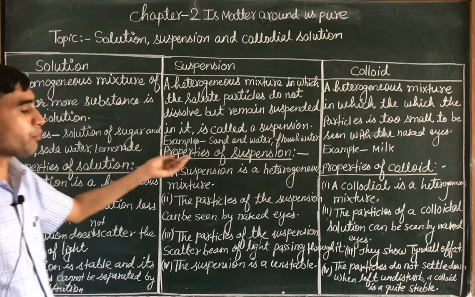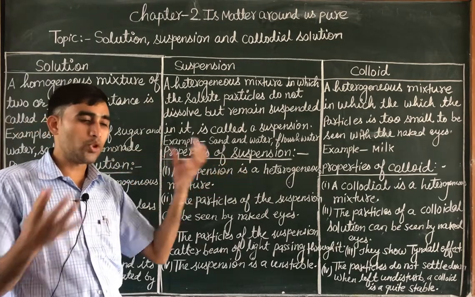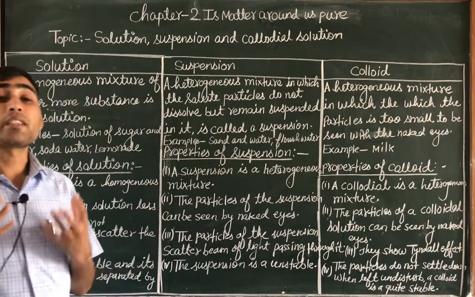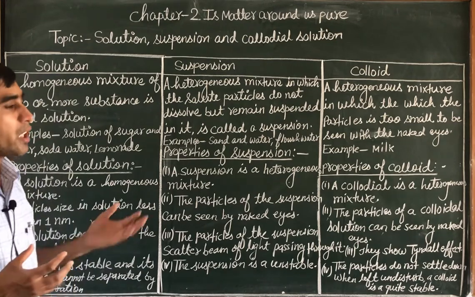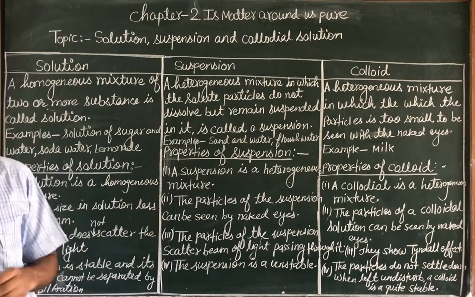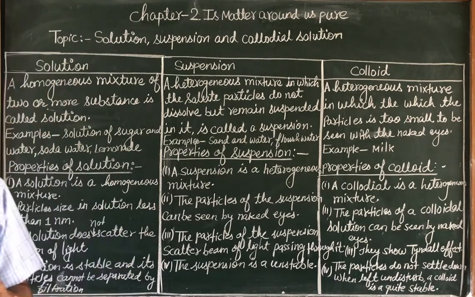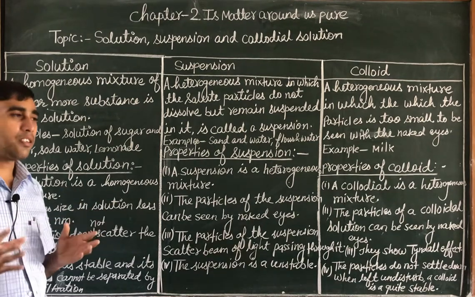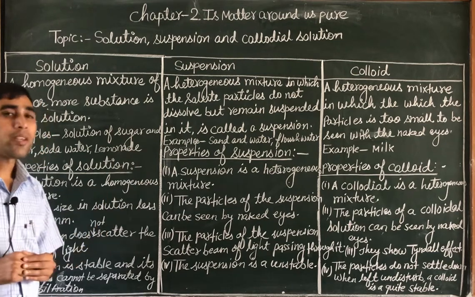You can take the example of muddy water. If you mix sand in water, it is an example of suspension. You can take another example, if you add flour in water, this is also an example of suspension. Another example of suspension is paints and dyes.